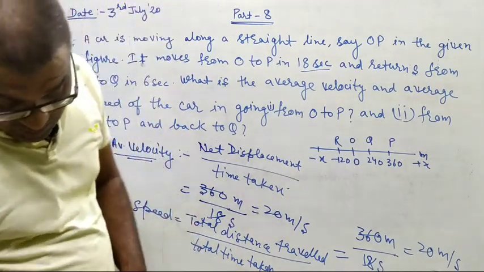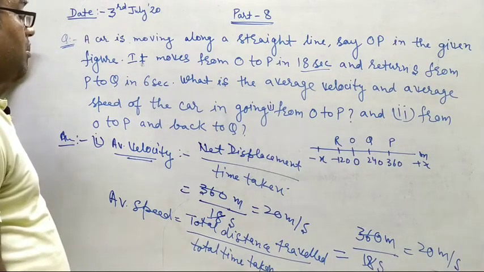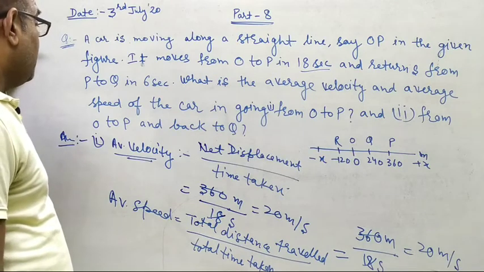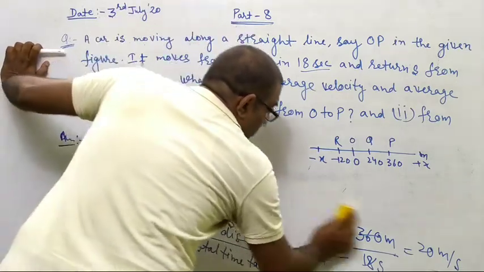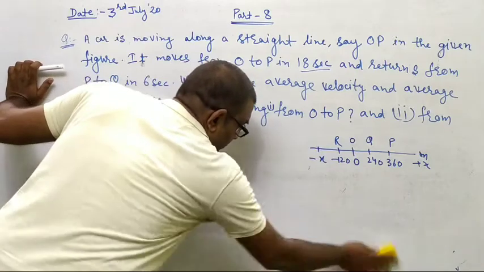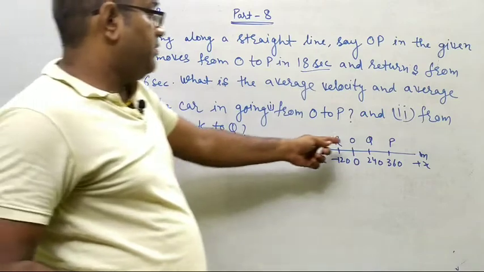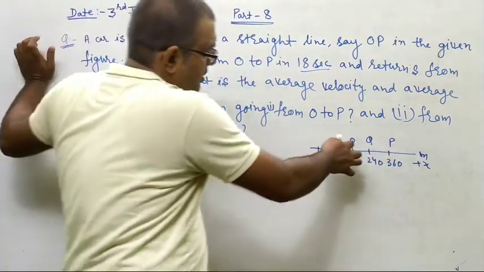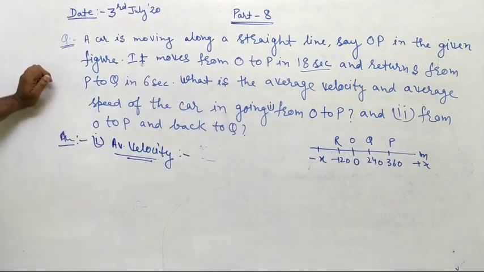Now we are talking about the second case, that is the body moving from O to P and then back to Q. Since the object is moving from O to P and then back to Q, the final position is 240 and the initial position is the origin.